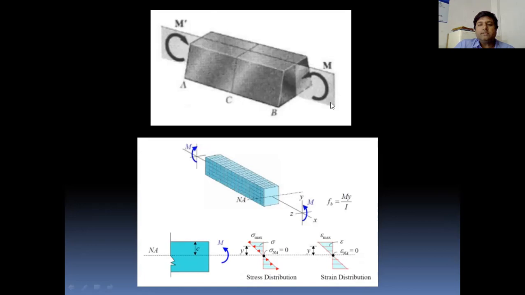It is very easy because the bending moment plane is coincident with the axis or plane of symmetry of this section.